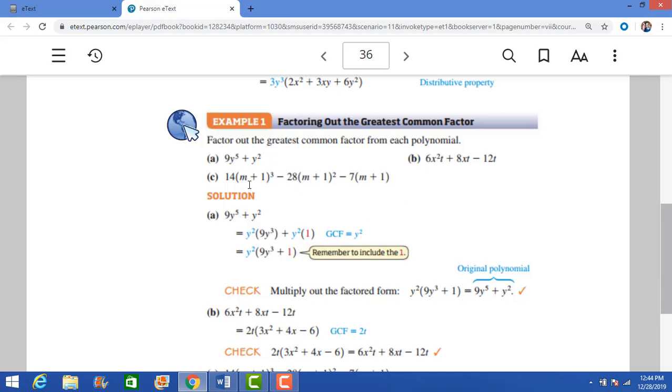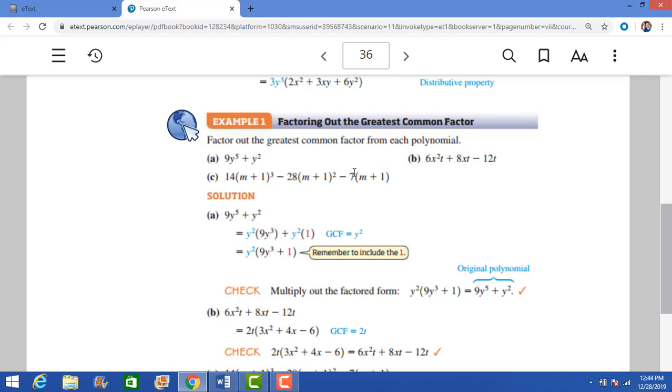Okay, now notice that we've got a common factor in each one of these of m plus 1, but there's different exponents. So again, we're going to choose the one with the smallest exponent. So we're going to factor out 1 m plus 1, and then also the coefficients, we have a common factor of 7, because the largest number that will divide all three is 7.